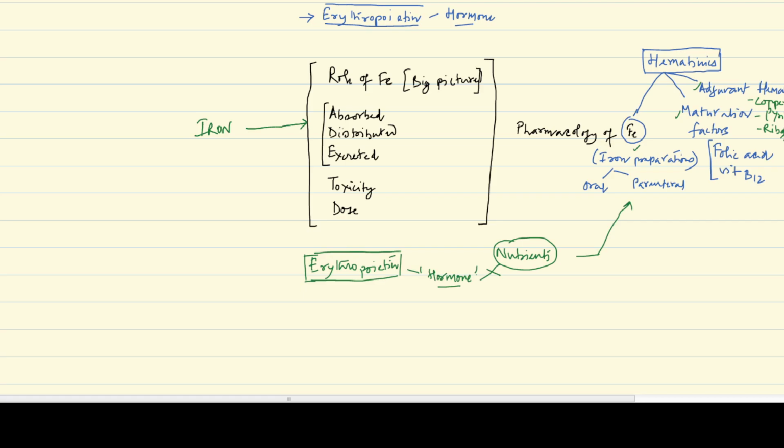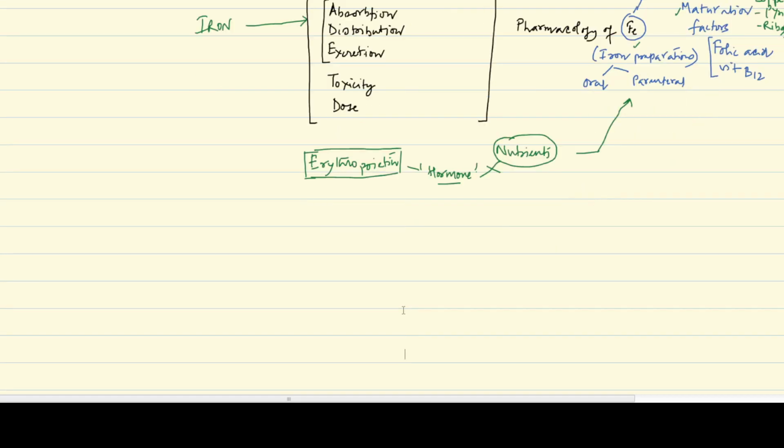Okay, we're going to talk about the absorption, distribution, and excretion of iron. Okay. We are also going to talk about toxicity and the dosing of iron. Okay. So let's first look at the big picture. And the big picture goes thus.